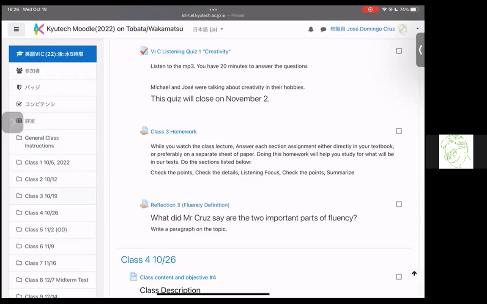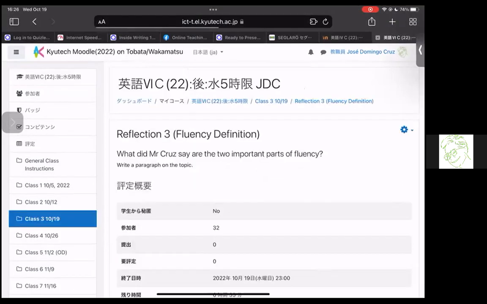And a little bit later, I'm going to be talking about fluency. So, what is fluency? I want you to remember what I'll say, and then I'm going to ask you this question: What did Mr. Cruz say are the 2 important parts of fluency? I want you to be able to write that up here in the reflection. Every week, the reflection is due on the same day.